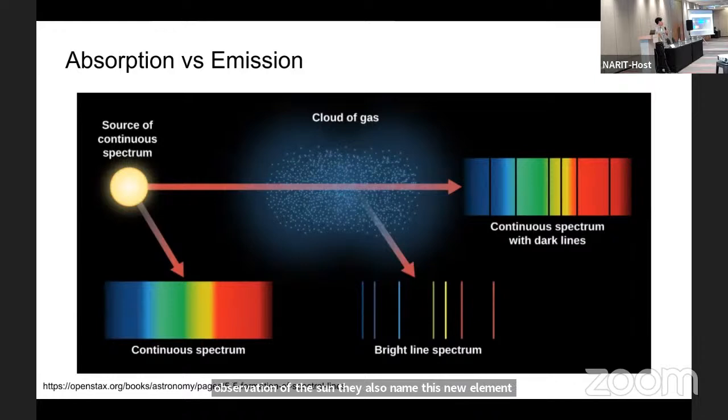And then it turned out this is a transition of oxygen that is usually very, very rare. It's called a forbidden line of oxygen. The reason we don't observe it on Earth is that whenever we observe oxygen lines, even in a vacuum on Earth, the density is too high for these lines to show up.